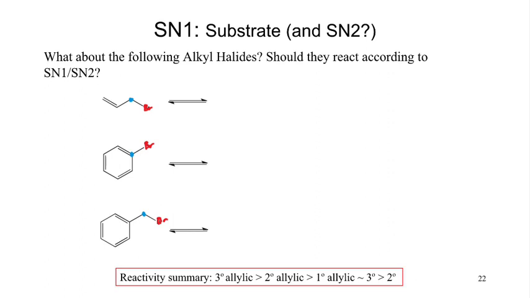sp3 is more hybridized because it's hybridizing all the orbitals. sp2 is hybridizing less. The less hybridized, the closer the electrons are to the element. Is there a way to reference the ability for an atom to hold electrons closer? Electronegativity.